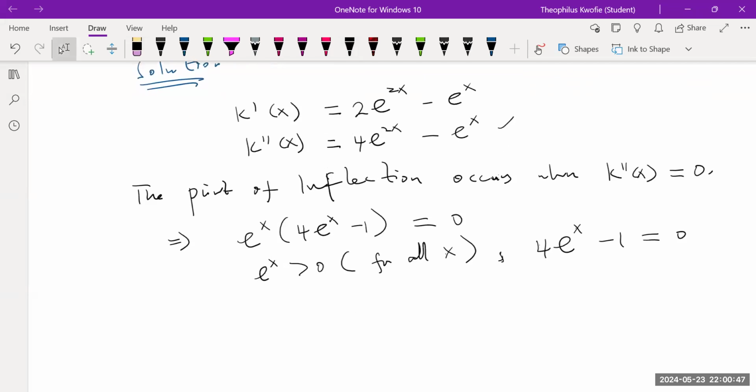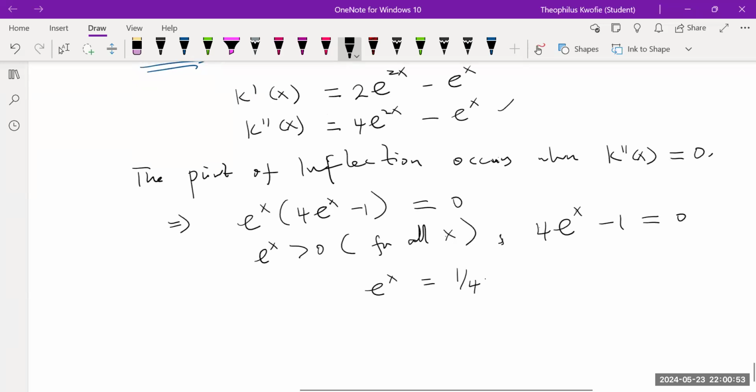Is that okay? So with this, we're going to have e to the power x equal to 1/4. And by applying the natural log on both sides, we're going to have x equal to the natural log of 0.25, okay?